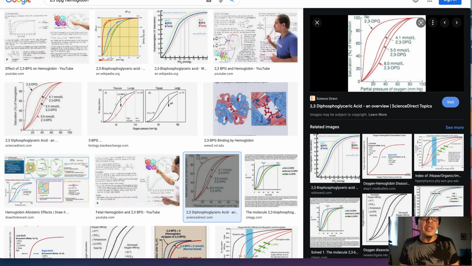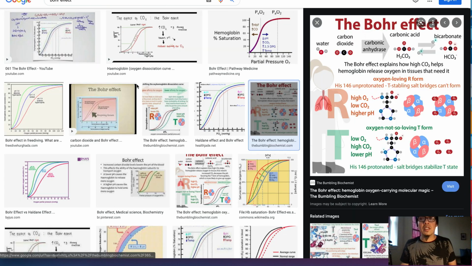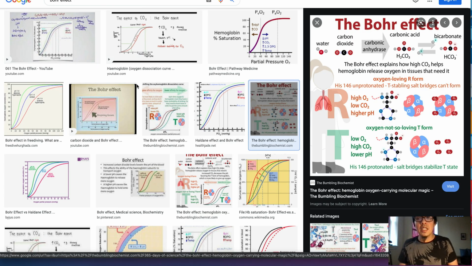But then the second way is called the Bohr effect. So DPG is not the only thing that can stabilize the hemoglobin molecular complex. You have the O2 that's bound to the top of the hemoglobin molecules. You also have carbon dioxide and H+, which can do the same thing.